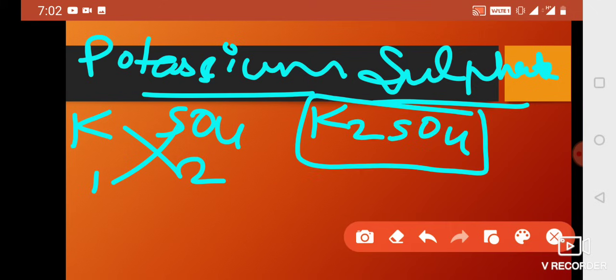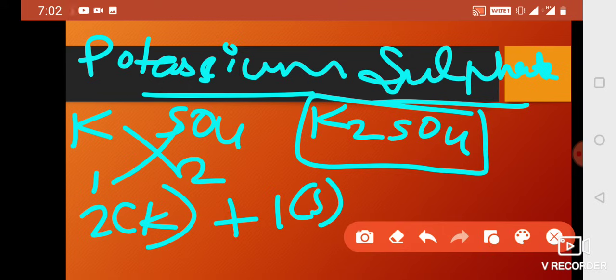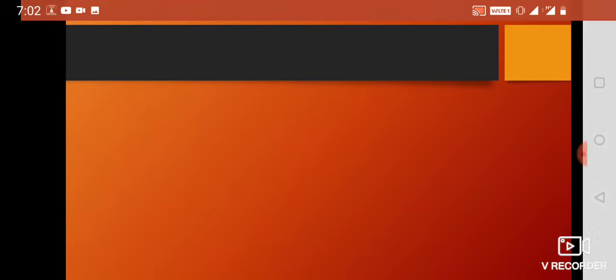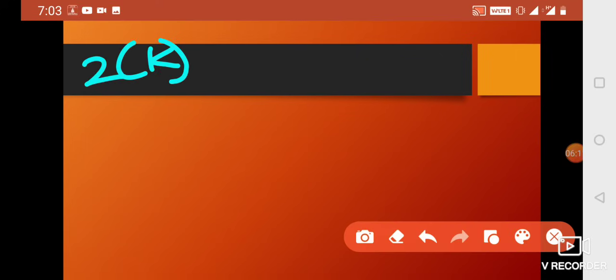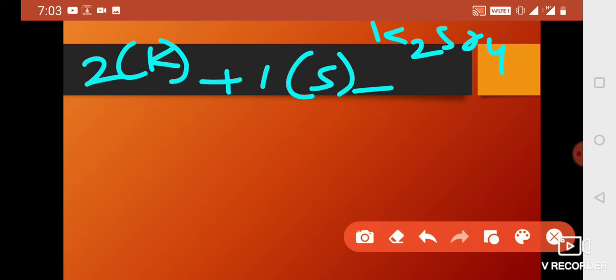So we have derived the formula. Now separating components: 2 K, sulfur 1, oxygen 4. So we get K2SO4: 2 potassium, 1 sulfur, 4 oxygen atoms.